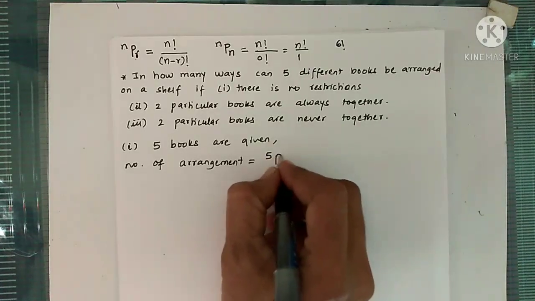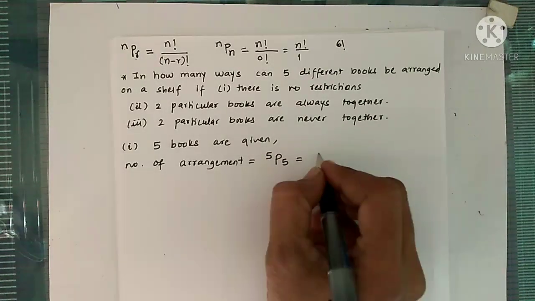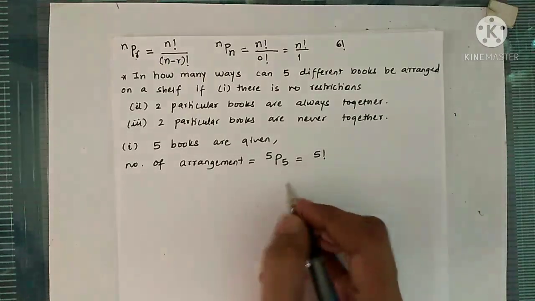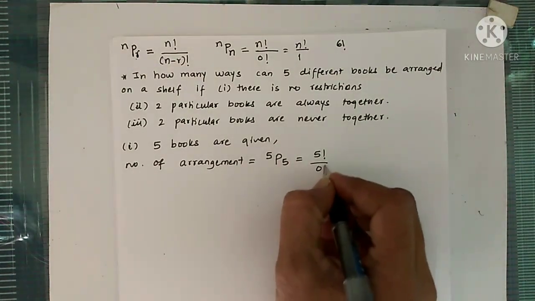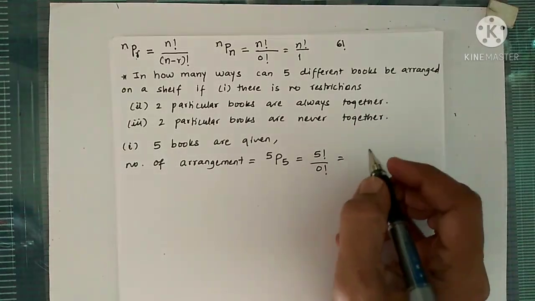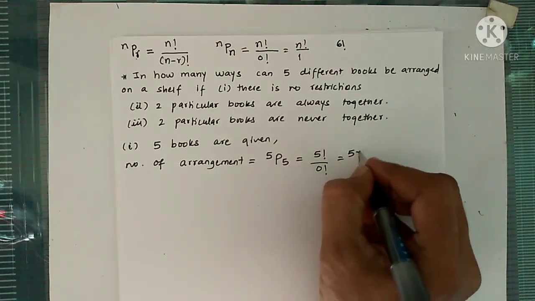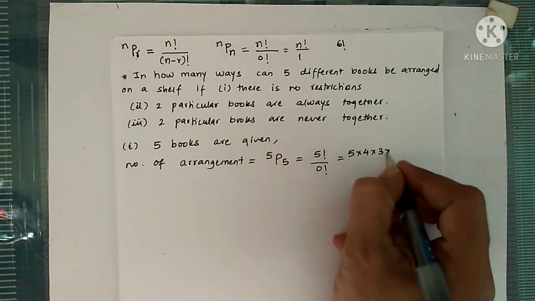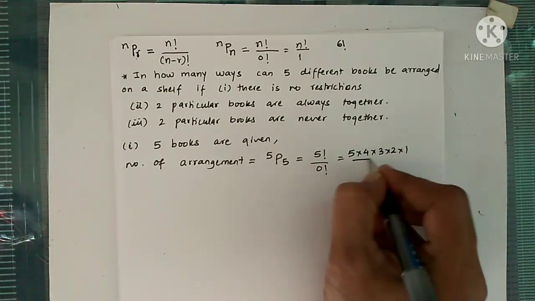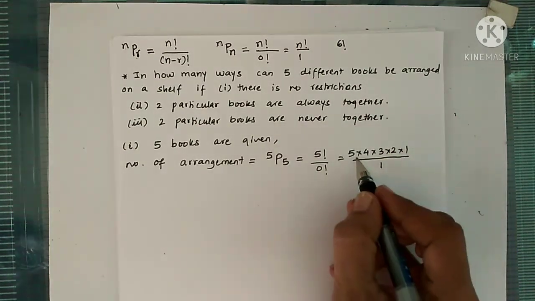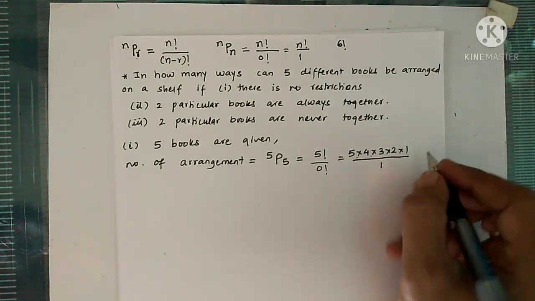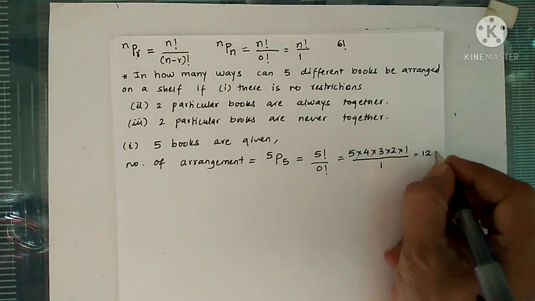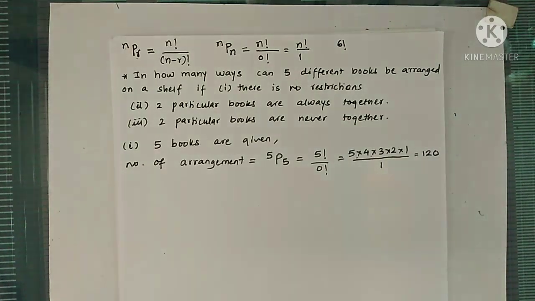So here it is 5P5, that means 5 factorial ways. Either you can write this or you can use this result directly. So 5 factorial upon 0 factorial. Now 5 factorial is 5, 4, 3, 2, 1, and 0 factorial is 1. 5 into 4, 20, into 3, that is 60, into 2, it is 120. So in 120 ways we can arrange those 5 books.